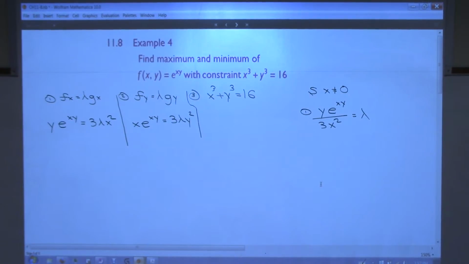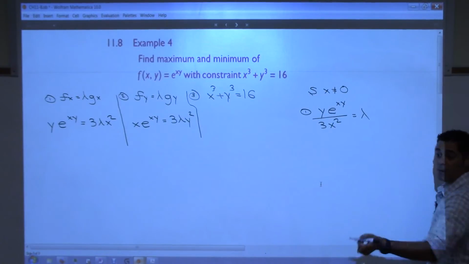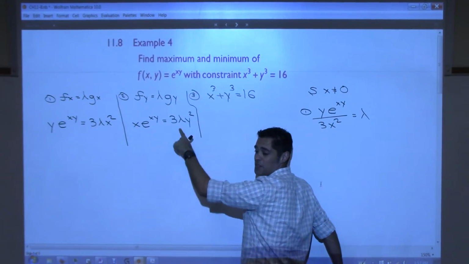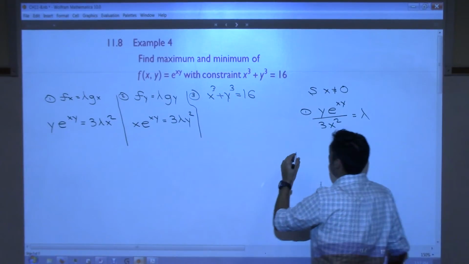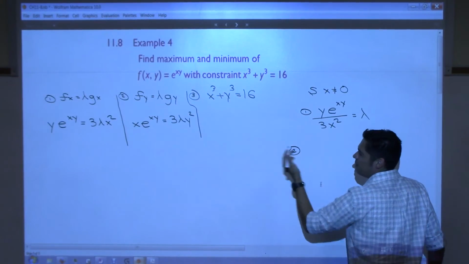Now, what would you like me to do with that? You plug it into 2? Or we could solve the other one for lambda also and set them equal to each other. I'm just going to go right to 2 in this one, although setting them equal would be the same.